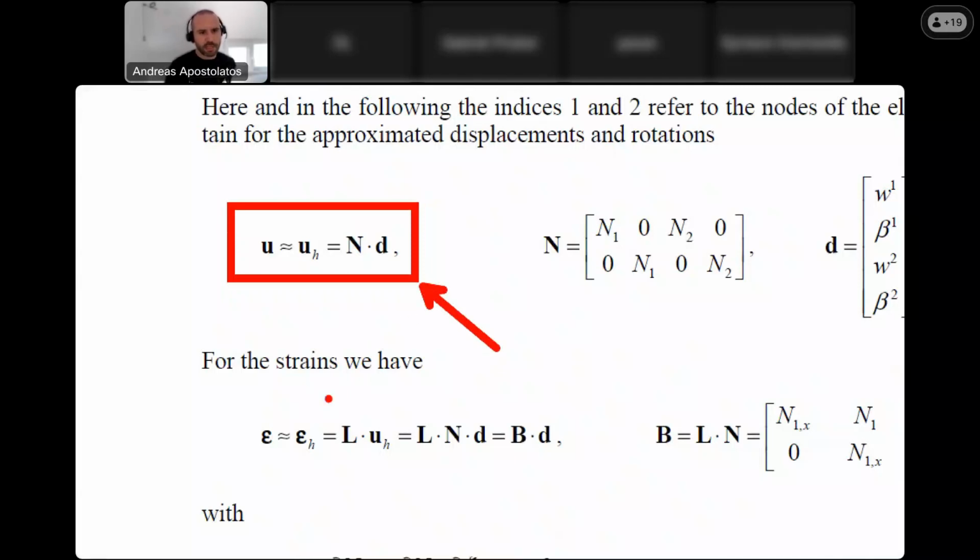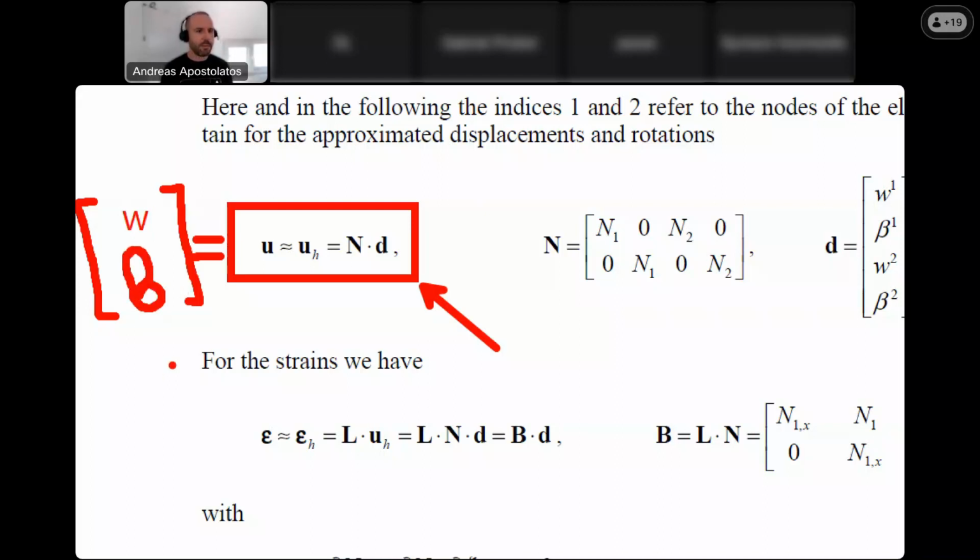It has here a W and a beta. So that's why it's a vector, because it has both the vertical deflections and the cross-sectional rotations, right?